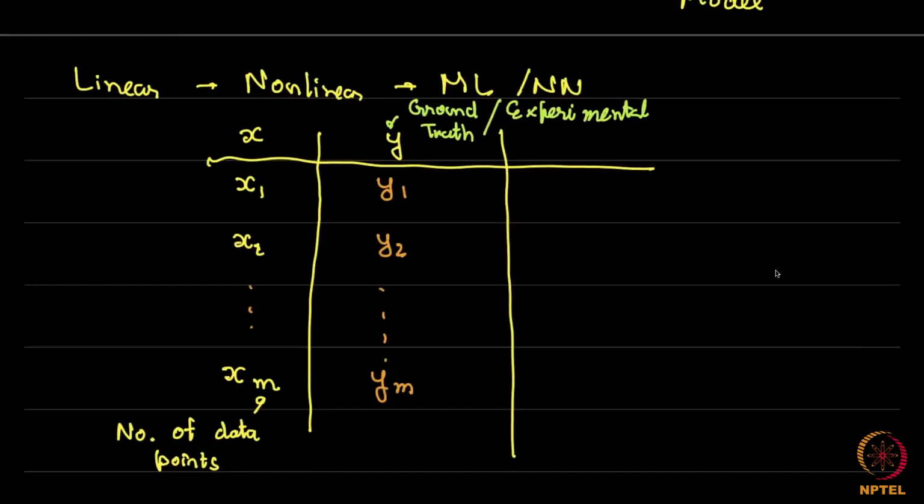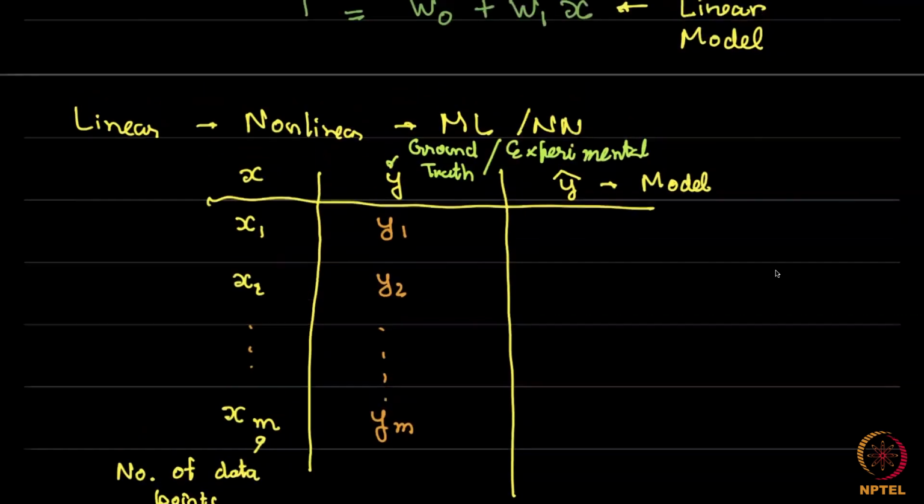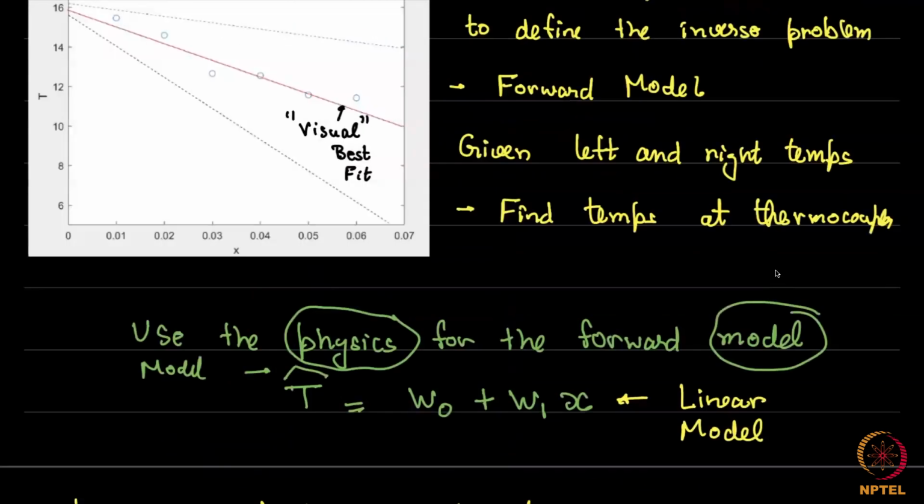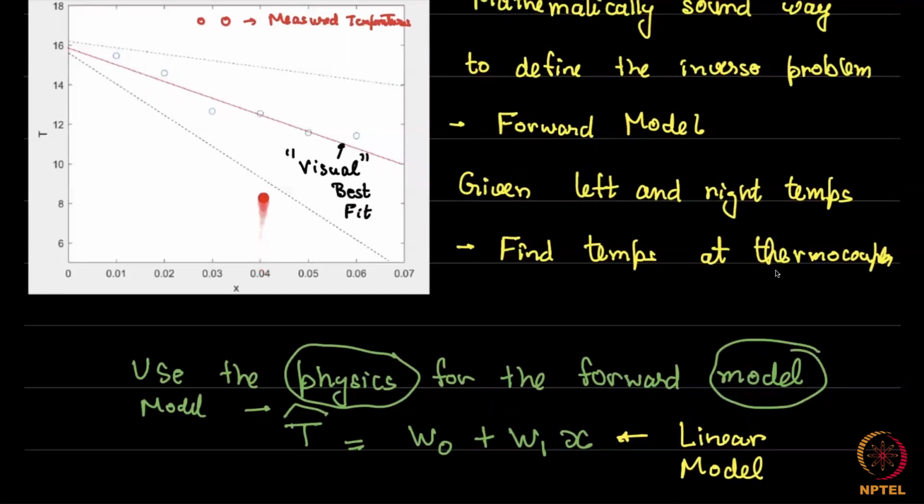The third thing that we carry is Y hat. This is what comes from my model. Now, suppose my model is W0 plus W1x. For each value of W0 and W1 that I guess, I will get a different value. If I take it at 0.04, even though the truth is somewhere around 12 point something, my model, depending on what values I choose for these parameters, might give something like 9, or it might give something as high as 15.